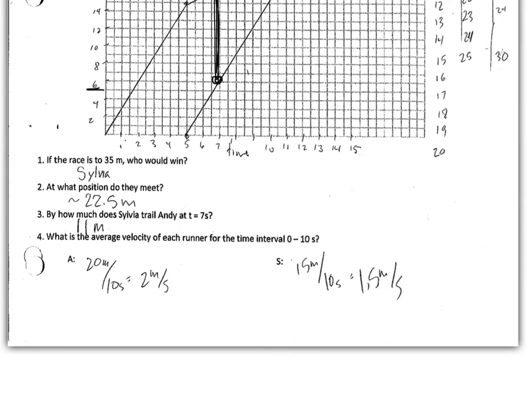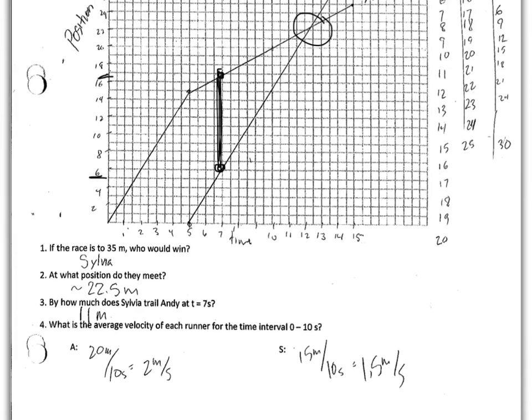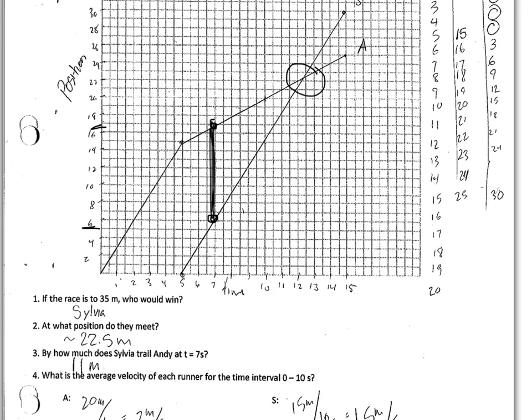Then question 4 asks you for the average velocity for each runner in the time interval 0 to 10 seconds. So between 0 and 10 seconds, what is the average velocity? To calculate this is just total displacement over time. We're not interested in pathways or how they got there. We simply want to know at the 10-second mark, how far did they get?